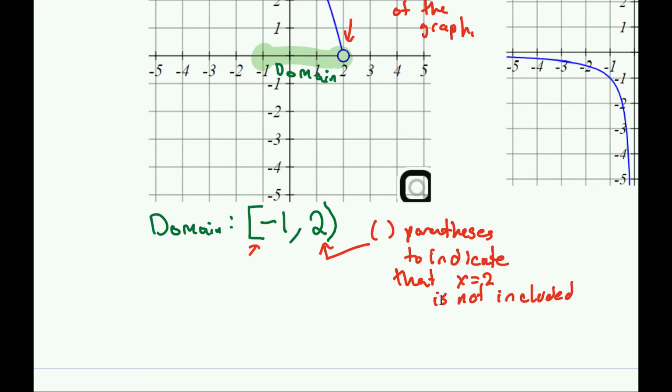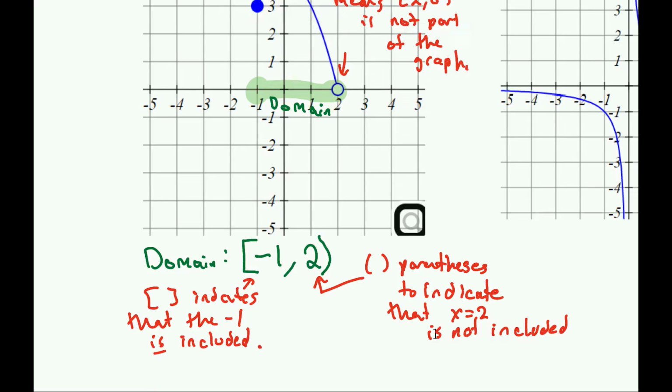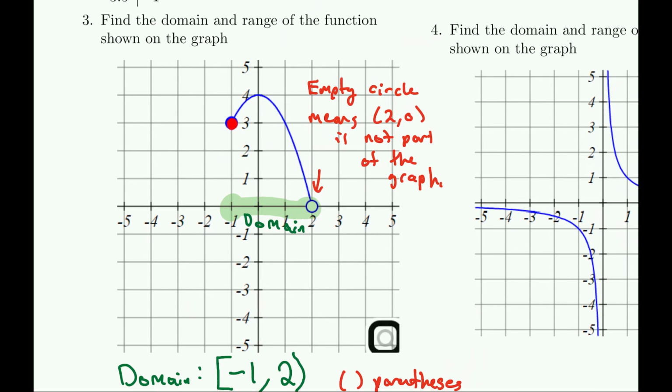And here we've got a square bracket. And so the square bracket indicates that in this case, the -1 is included in the domain. Because on the other end, it was a solid dot, right? So solid dot means that the point is there.